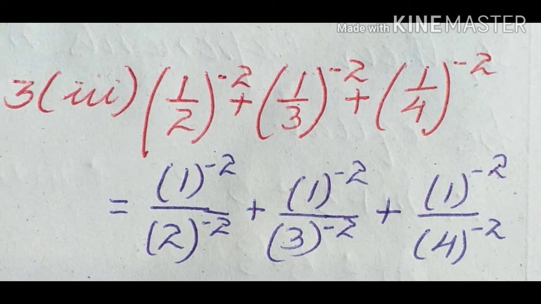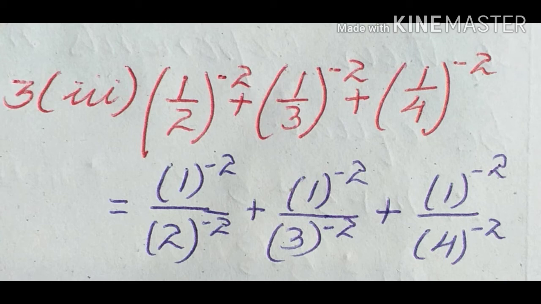Now here by using identities we can write 1 and 2's power minus 2 like this: 1 to the power minus 2, 2 to the power minus 2, and in the next also 1 and 3, power is minus 2. Similarly 1 to the power minus 2, 3 to the power minus 2, and the last one, 1's power minus 2, 4's power minus 2.